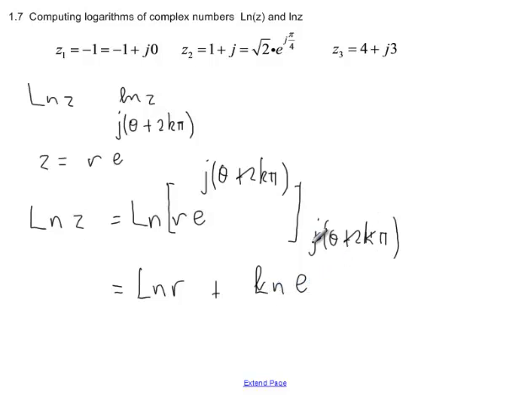What does it do? It delivers the argument, isn't it? So this one is a positive number. I may as well here write the usual ln because this is a positive number. But here I'll apply the capital L. Then I've got plus j (theta plus 2k pi).